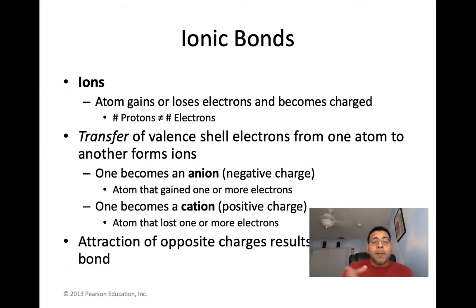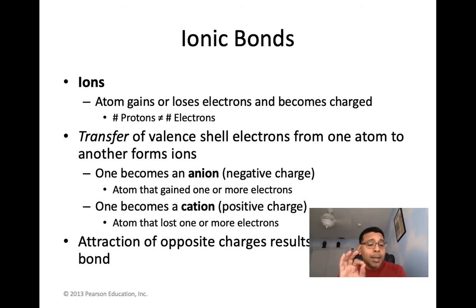Now, we said before that atoms are electrically neutral, right? We said atoms are electrically neutral because they have the same amount of positive and negative charges. Ionic bonds are bonds where electrons can be transferred from one atom to another.